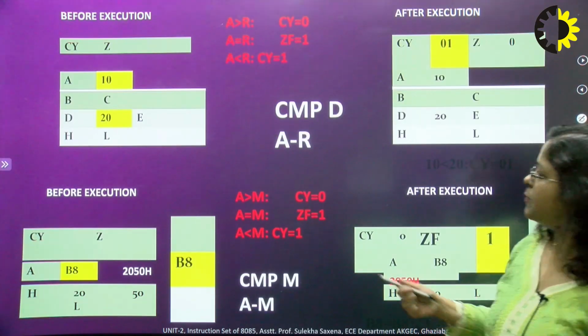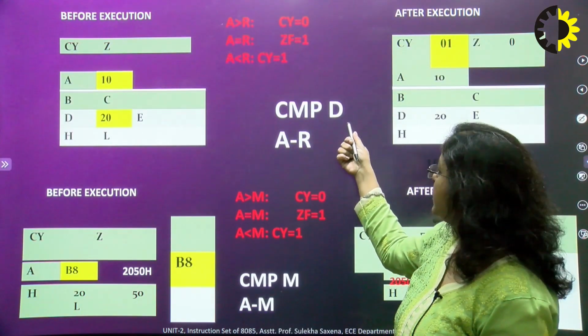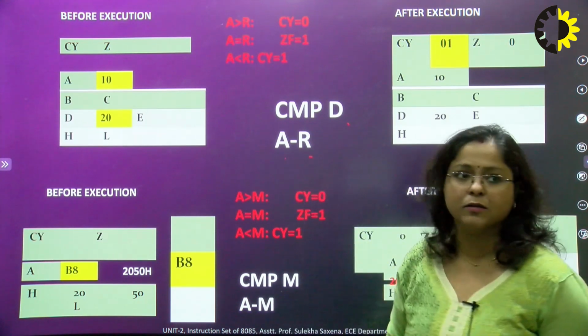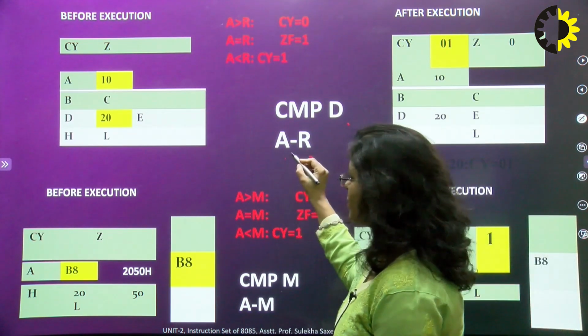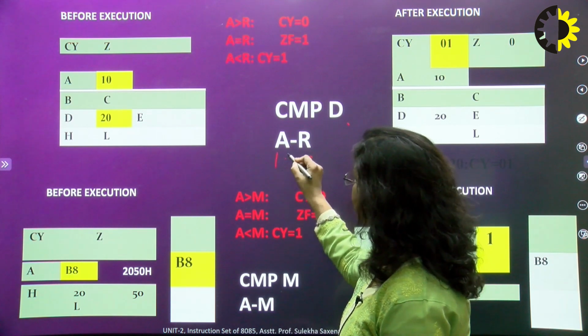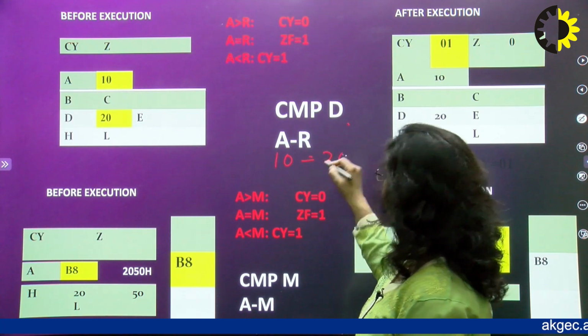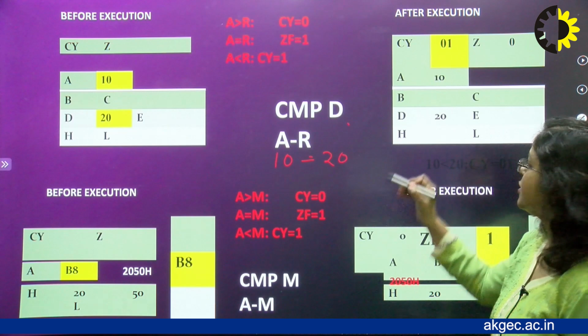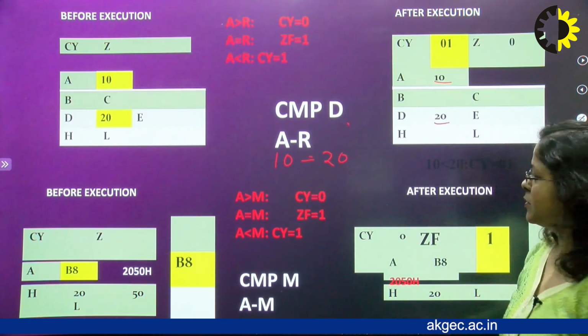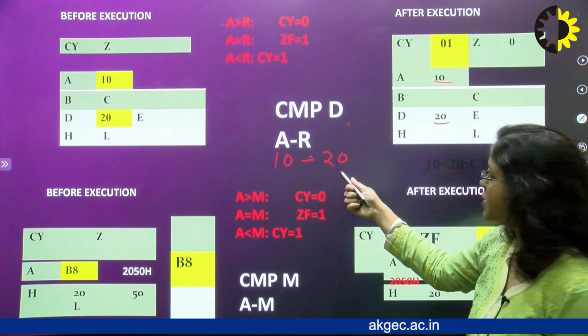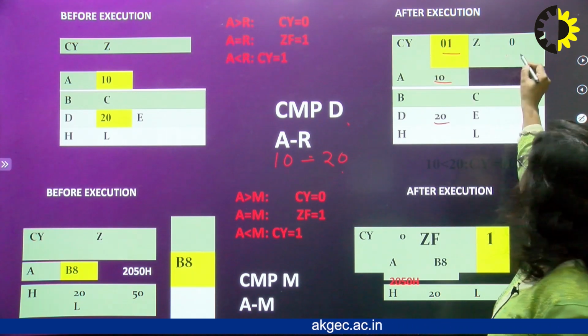So let's take an example, compare D. So it will perform A minus D, that is accumulator 10 minus 20. After execution, the content will remain the same. But since A is less than R, carry flag will be 1, zero flag will be 0.